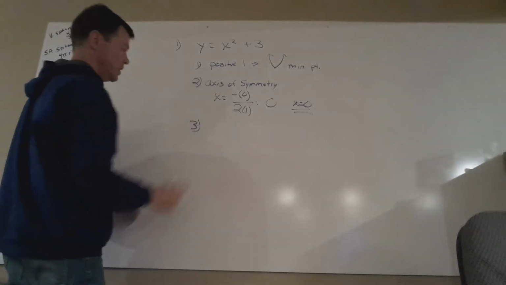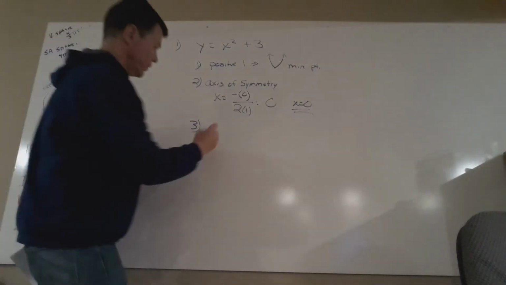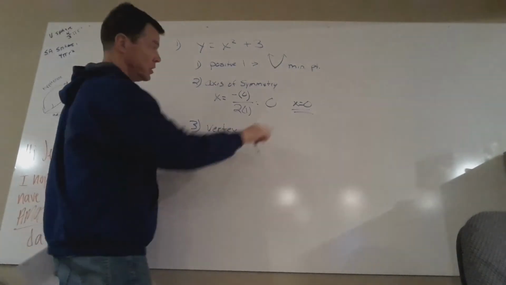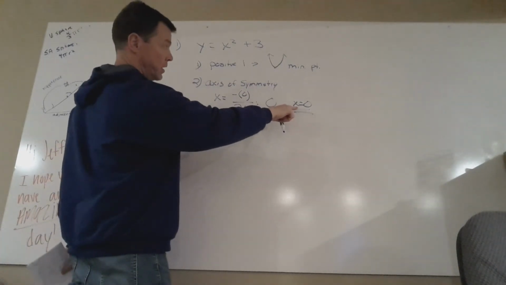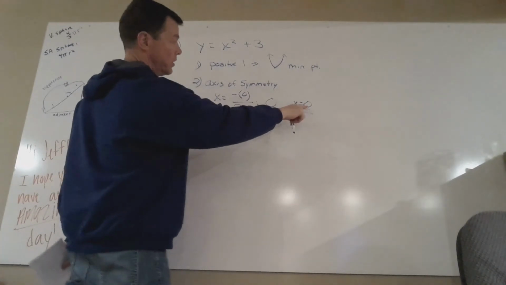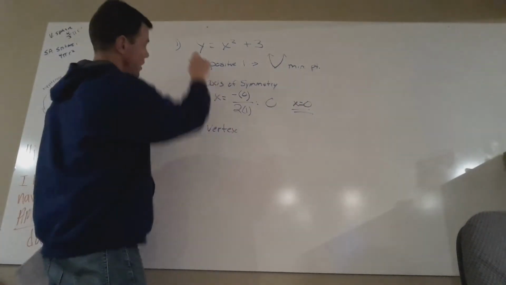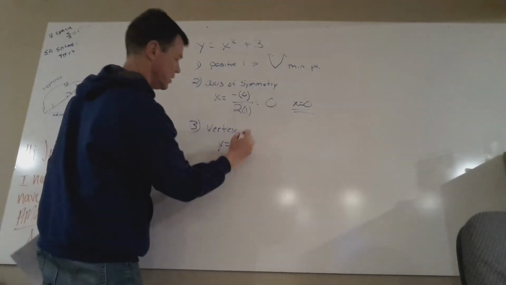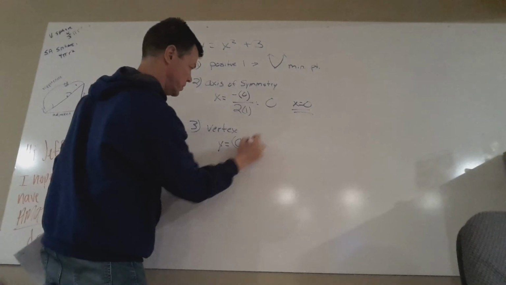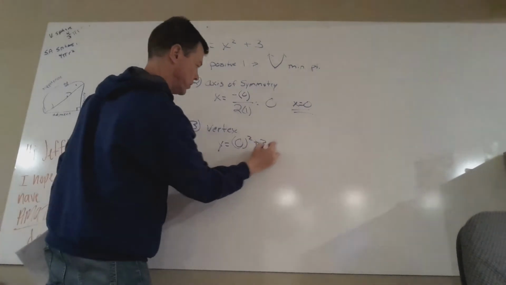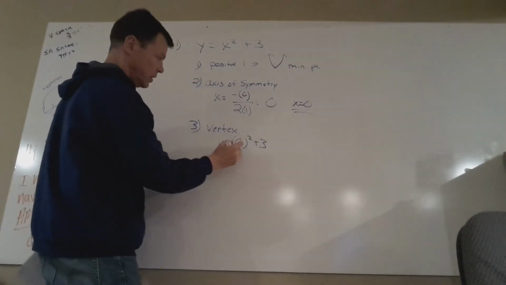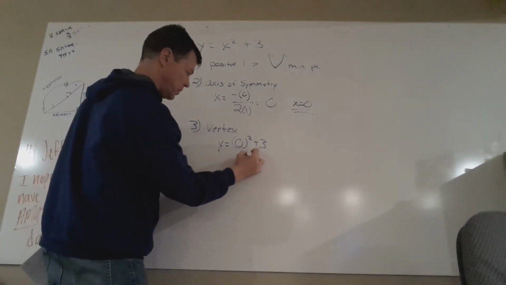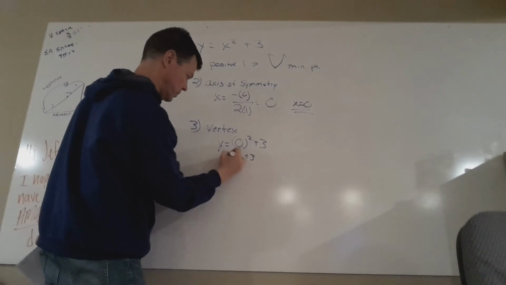All right, our vertex. We just plug in our axis of symmetry point, or our x value for this. Where x is 0, we're going to calculate where y is. So y equals 0 squared plus 3. 0 squared is just 0, 0 plus 3. Very simple.